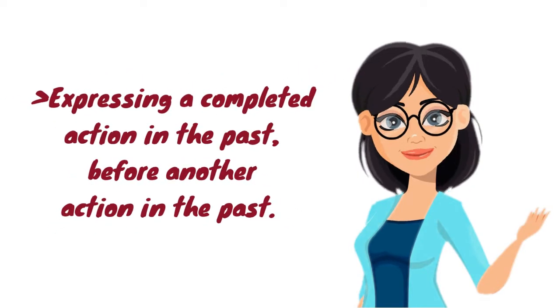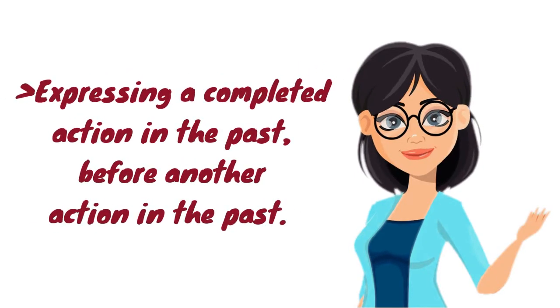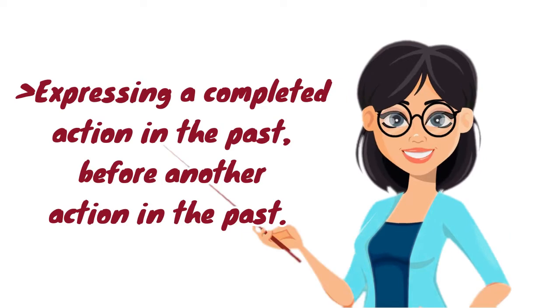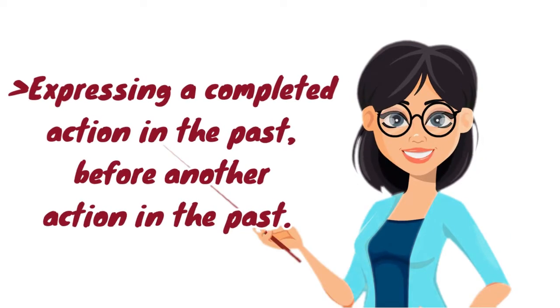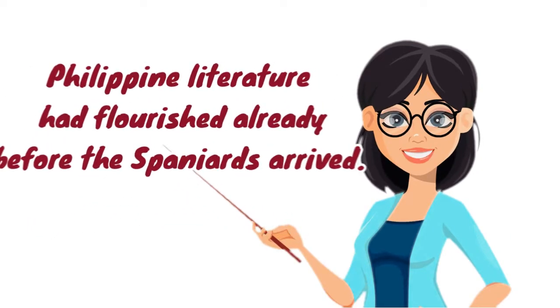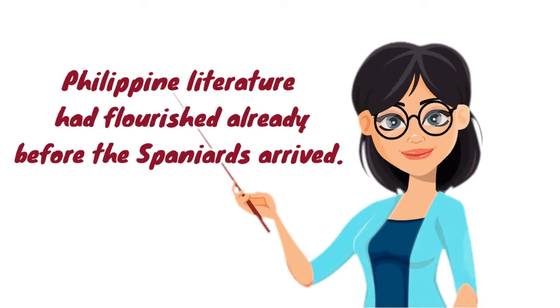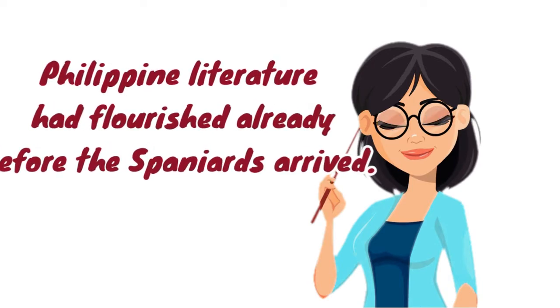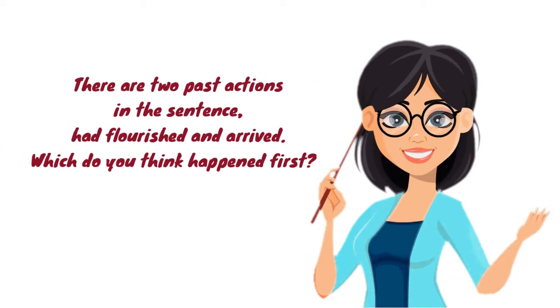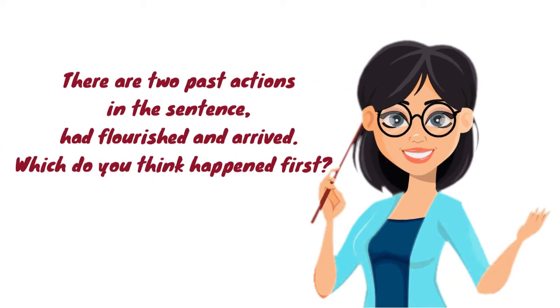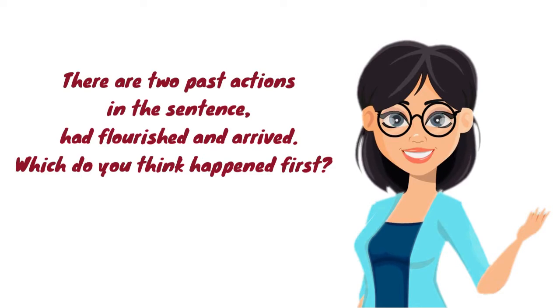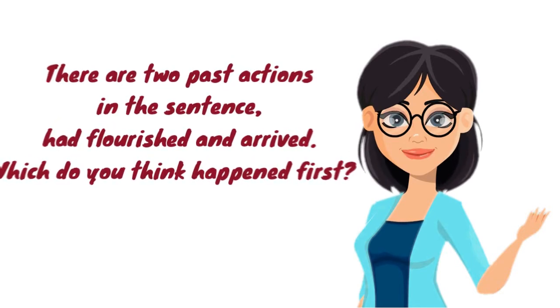Next, expressing a completed action in the past before another past action. Example, Philippine literature had flourished already before the Spaniards arrived. There are two past actions in the sentence, had flourished and arrived. Which do you think happened first?